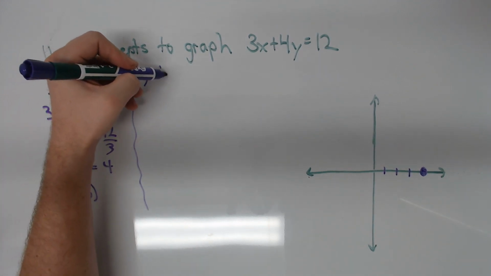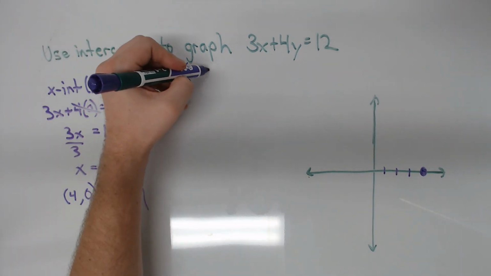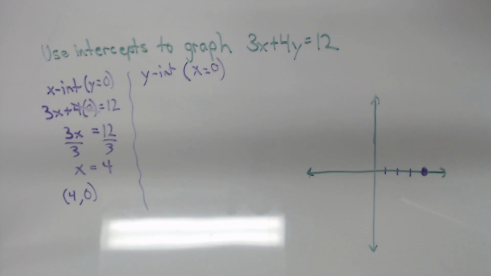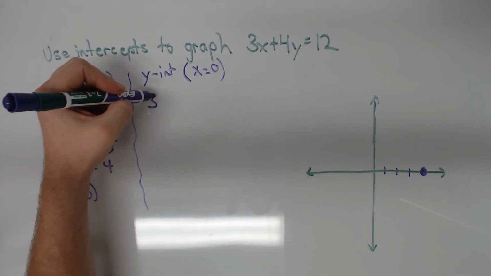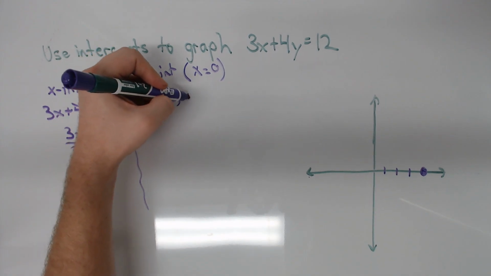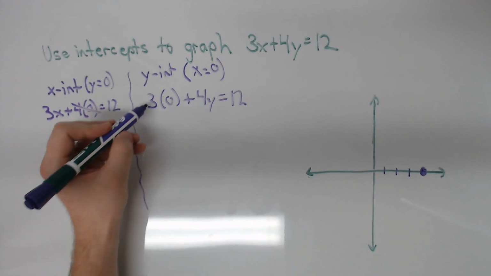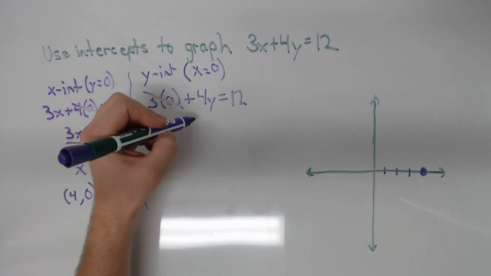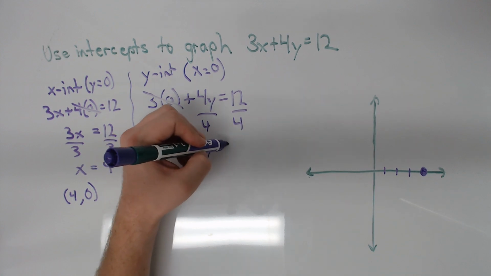To find the y-intercept, we want it on the y-axis, which means x equals 0, not going left or right at all. We want to stay on that middle line. The 3 times 0 is just gone. Dividing by 4 is going to get us y equals 3.